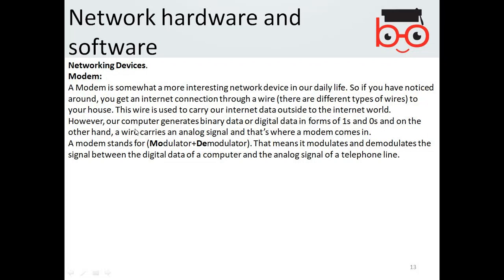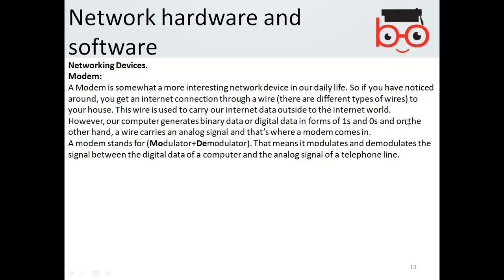However, our computer generates binary data, or digital data. You must know that a computer works in zeros and ones because it's a machine, and a machine is represented in the binary language, either 0 or 1.